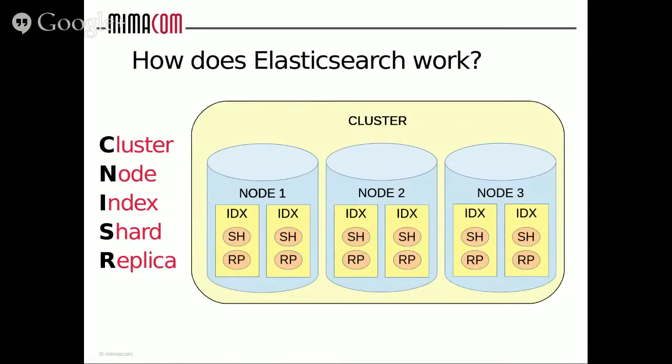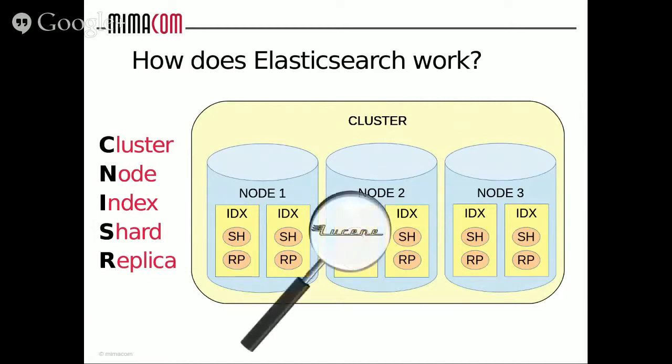This is a concept that Elasticsearch uses to identify the way in which it will persist the information. In each shard, on each replica, we will find the final information we are persisting here.